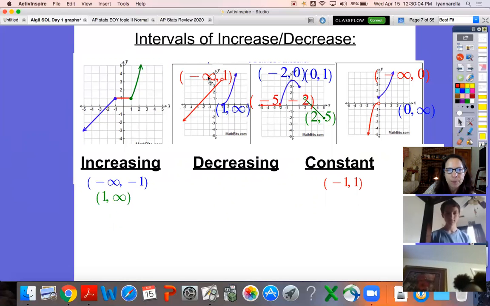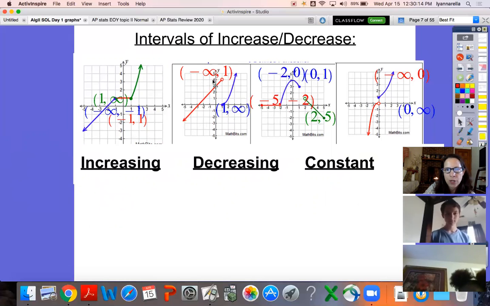Alyssa, you're going to do this one. What is happening from -infinity to +1 on this graph? I'm going to reset it by pulling these back. Where should I put the -infinity to 1? Under increasing, decreasing, or constant?